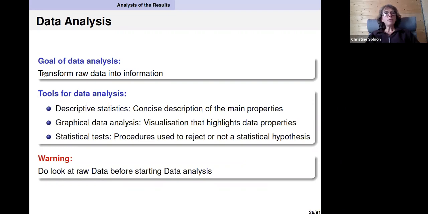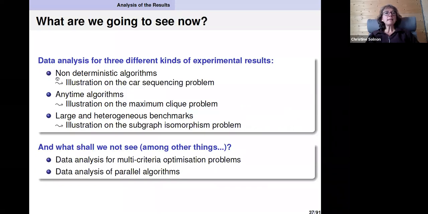So now we are going to illustrate data analysis for 3 different cases. The first case is to discuss how to compare algorithms which are not deterministic, and we are going to do this on a decision problem.